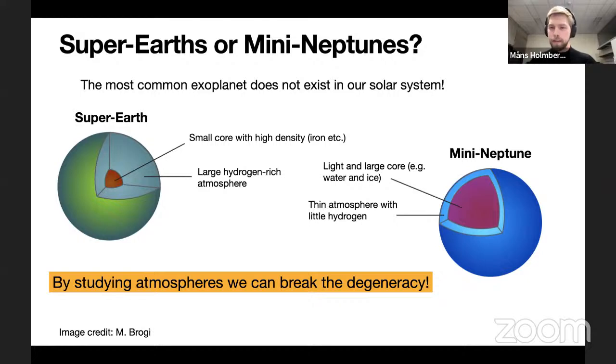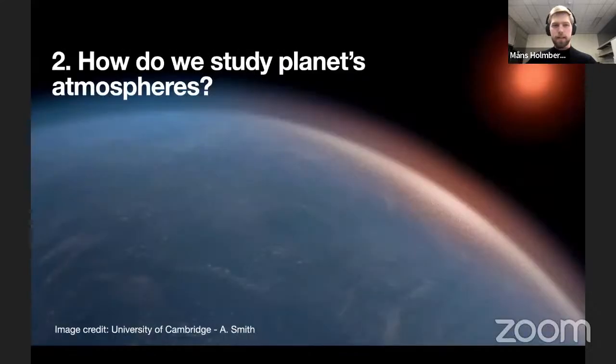Or we can have a mini-Neptune type situation where the core is instead bigger but lighter, made of, for example, ices and water, where the atmosphere itself is thin with little hydrogen. So studying atmospheres can teach us about the diverse landscape of exoplanets.